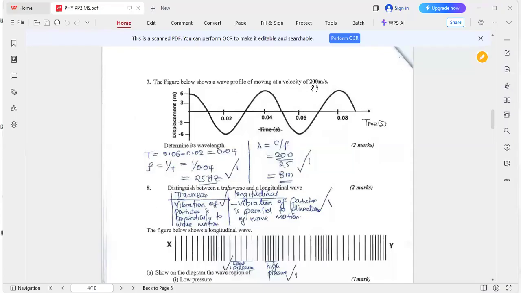V is given as 200 meters per second, and F is 25 Hz. So substituting, we get lambda to be 8 meters. Remember, C is used if it's an electromagnetic radiation.